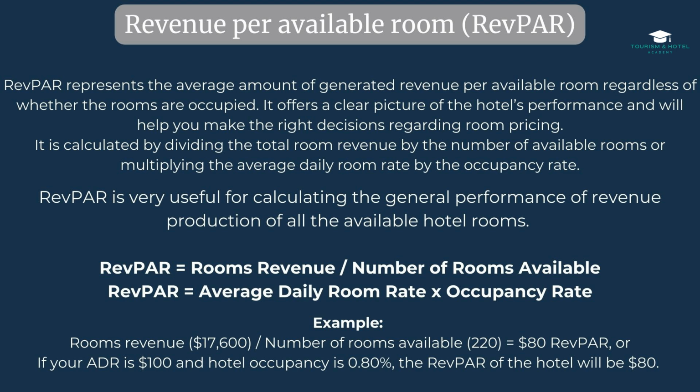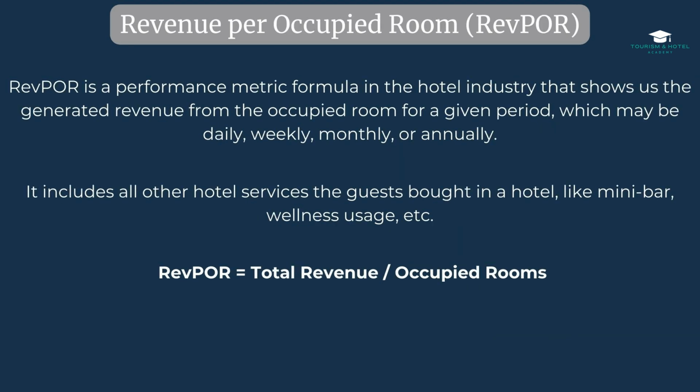For example, rooms revenue is $17,600 divided by the number of rooms available, which is 220, equals $80 RevPAR. Or if your ADR is $100, and hotel occupancy is 0.80, the RevPAR of the hotel will be $80.